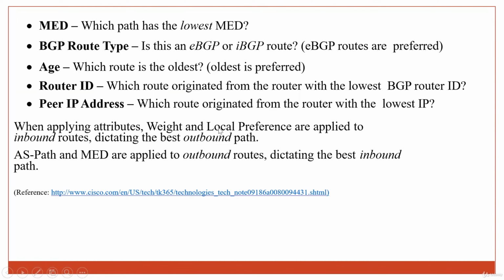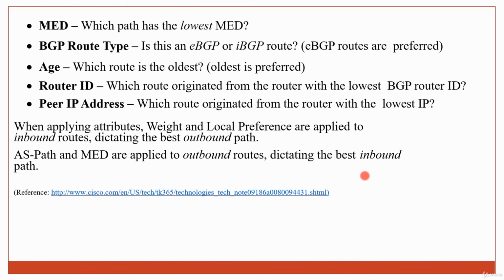Correct? All right, so here you can see that weight and local preference are applied inbound, dictating the outbound. That's the key actually. These 3-4 lines are the key. Inbound dictating outbound path, and AS path and MED are applied outbound, dictating inbound. So what does it mean?